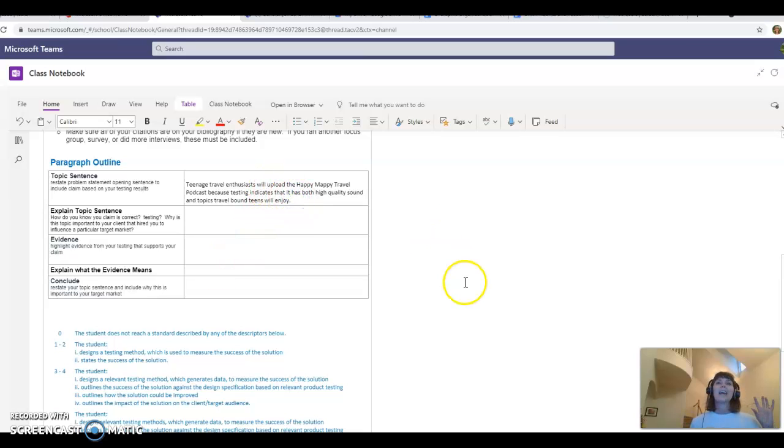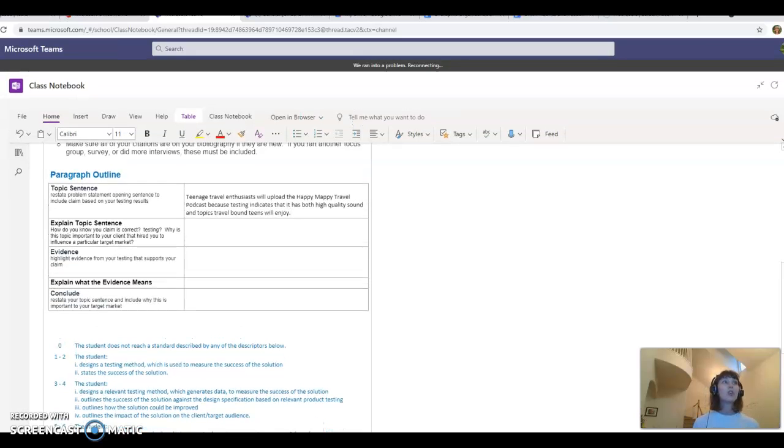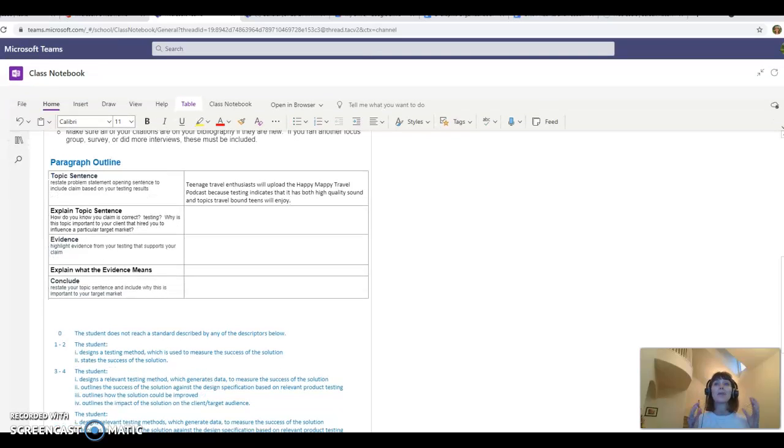So I reframed my opening statement from A1, and it says teenage travel enthusiasts will upload the Happy Mappy Travel podcast because testing indicates that it has both high quality sound and topics travel-bound teenagers will enjoy. That comes from my testing. That's my opening statement. And as I go along, I will support that.